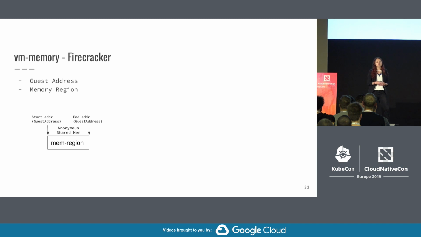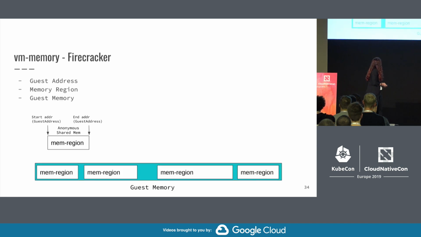The memory region is basically an abstraction that uses a guest address, which is the start of the guest memory, and a chunk of anonymous shared memory, and essentially those two represent a memory region. To actually have a guest memory, you will have a list of multiple non-overlapping memory regions. But this is very specific to how Firecracker works.